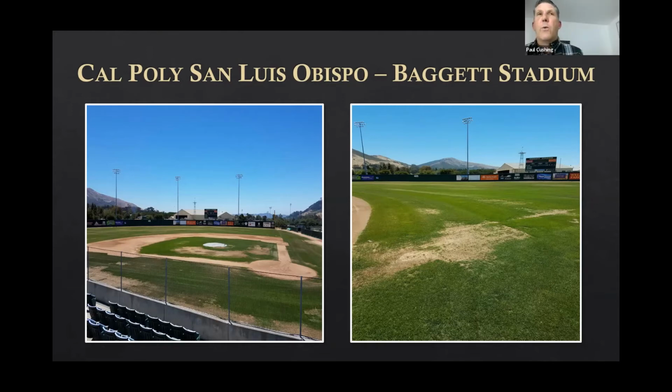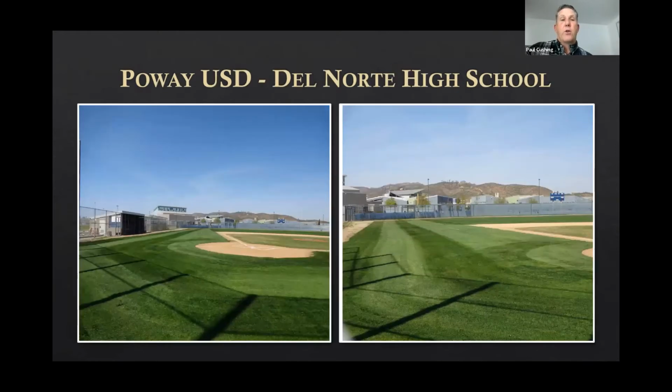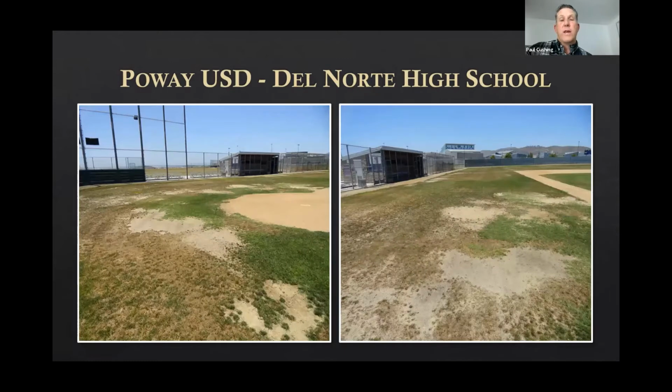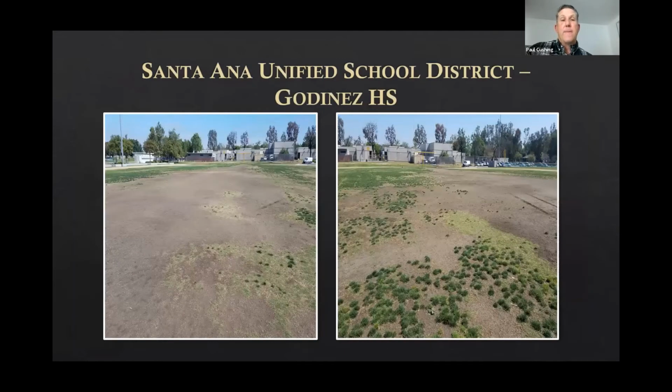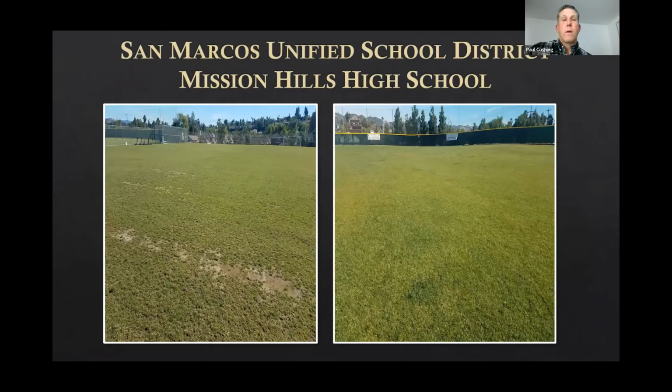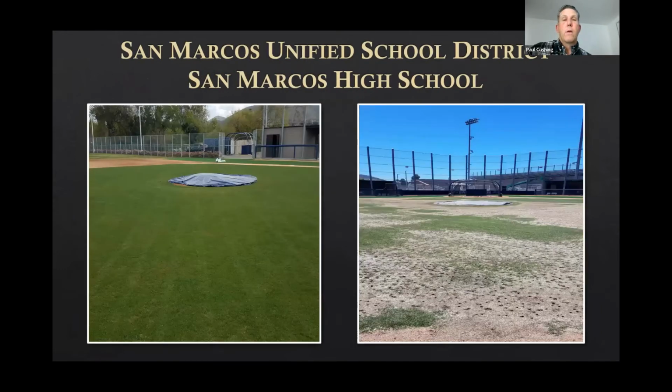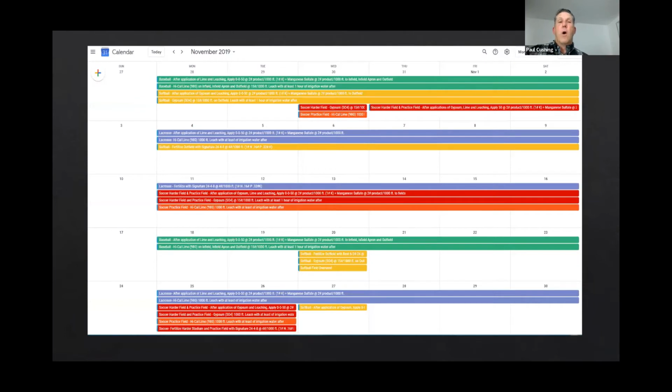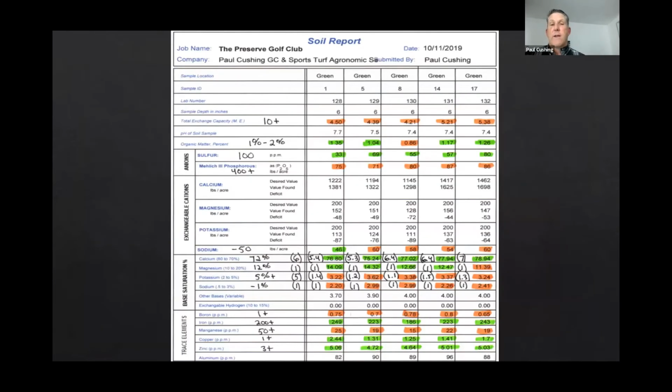So again, what we're looking for on soil tests, and I will go back, I'm just real quick going to go back to our worksheet so that you guys can see. I'm going to use this worksheet as an example.